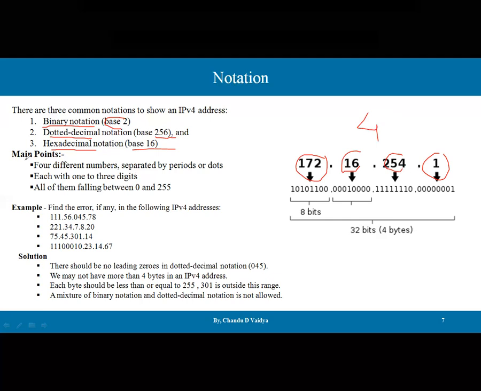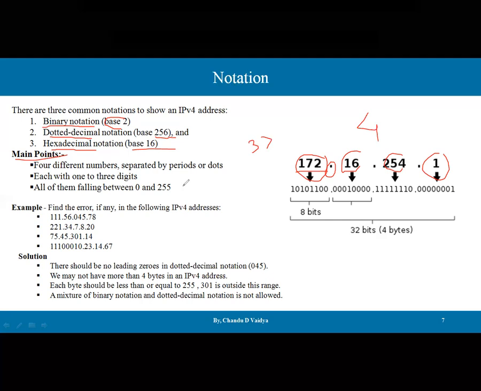And the main points related to the IP address: 4 different numbers separated by periods or dots, each with 1 to 3 digits. This can never be greater than 3 digits. All of them fall between 0 and 255.